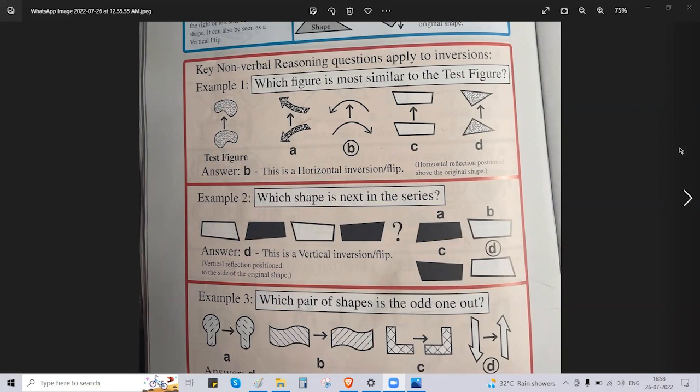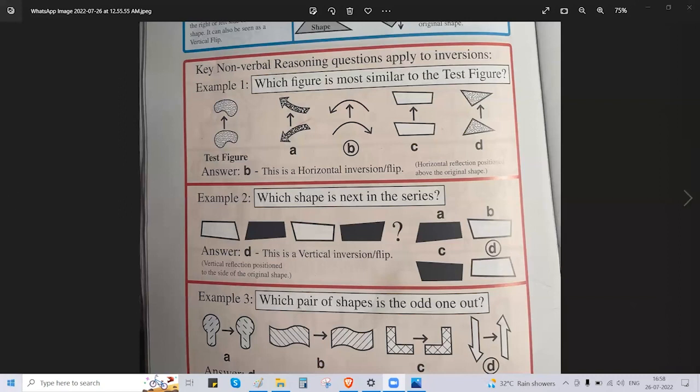They're all flipping horizontally, and the only one that's not flipping horizontally is D. It's not the same type of flip as A, B, and C. So it's the odd one out.